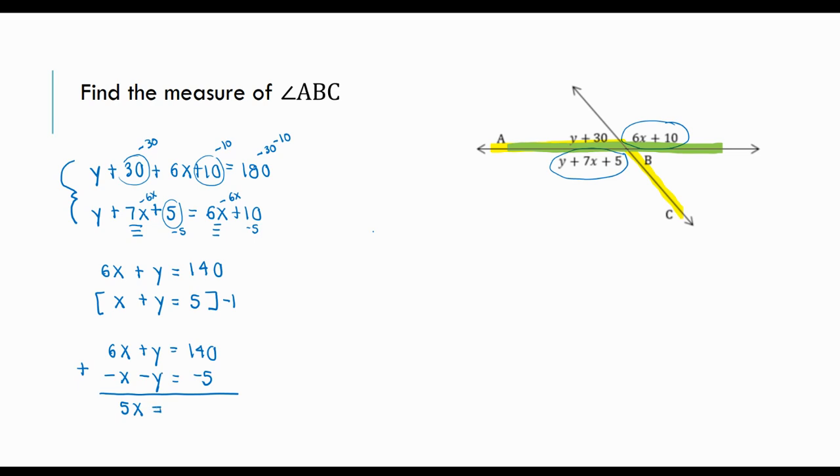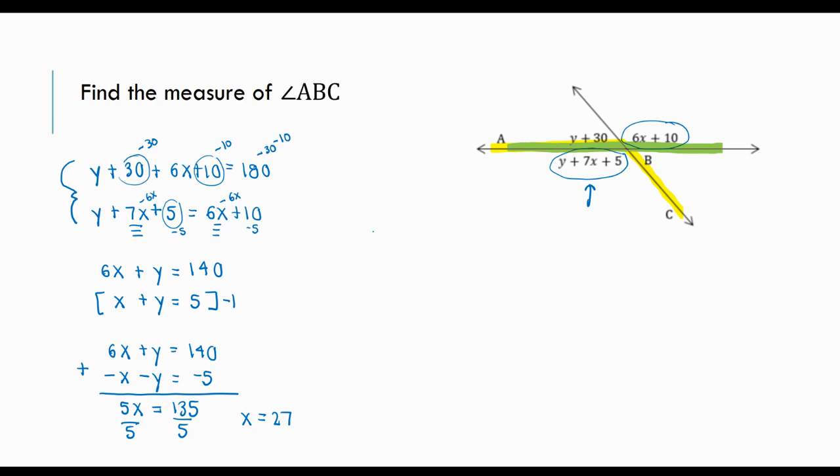Now I can add these two things up. That's going to give us 5x. The y's cancel out. That gives us 135. When I divide 135 by 5, I get my value for x, and so I get x to be 27. Because once again, I need to know what angle ABC is. That's this expression here. We need to find the y so then we can plug it in.